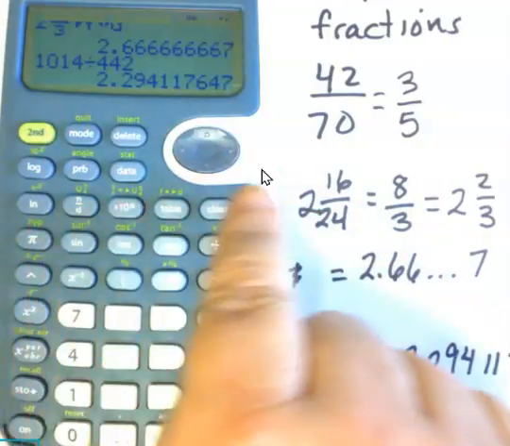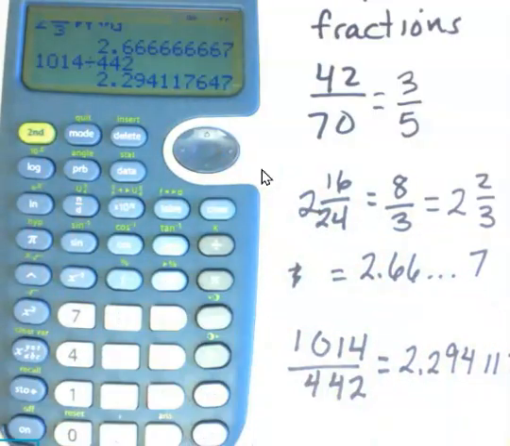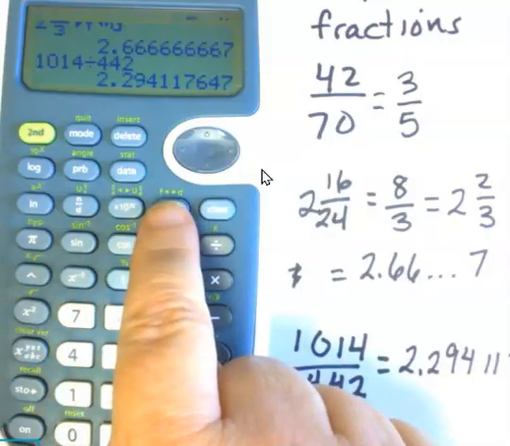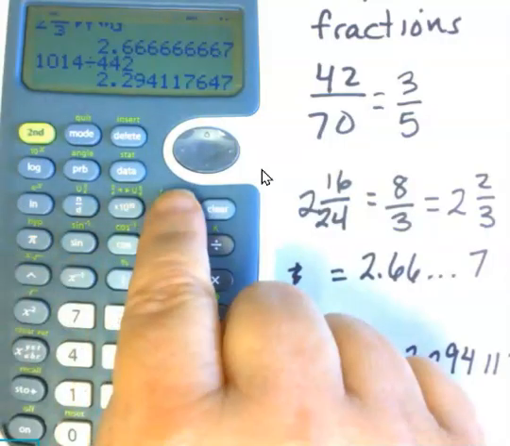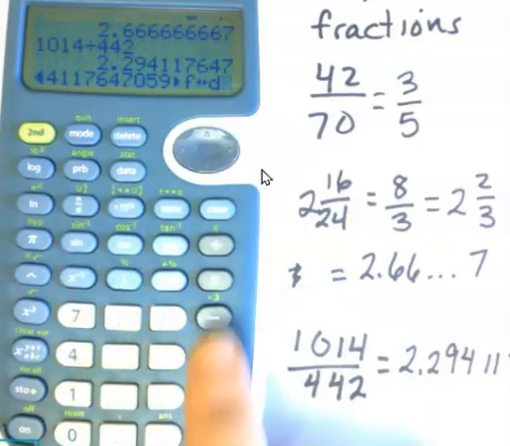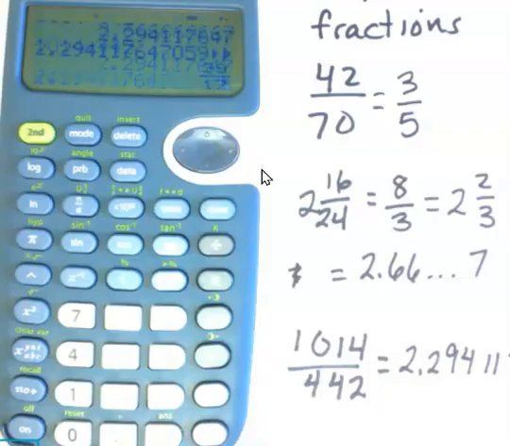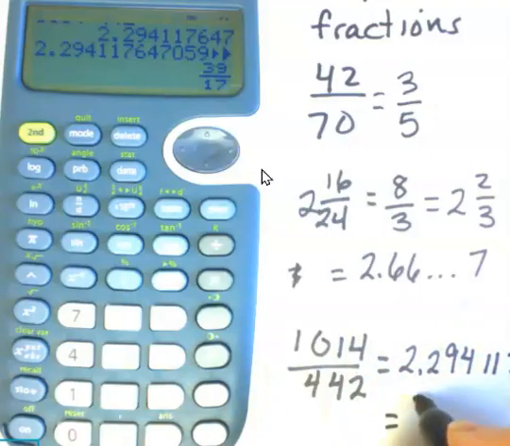But this, with the other 20 or 30 digits that the calculator is remembering for this fraction, is enough. And so if I ask the calculator to turn that decimal into a fraction, so I did the second function and that button to get decimal to fraction, it will turn that into the fraction. So the simplified fraction for that is 39/17.